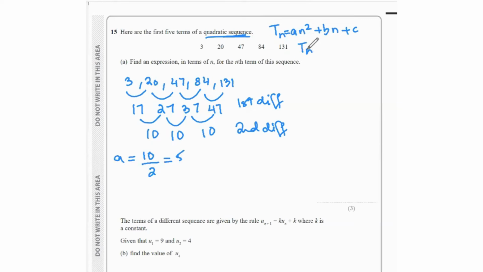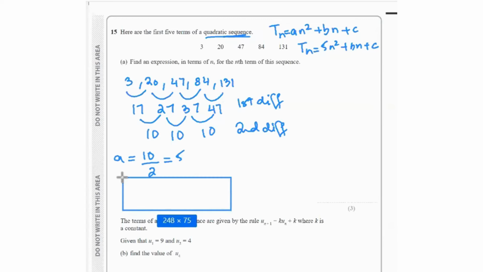So we have 5n squared plus bn plus c. Now we need to figure out the value of b and c. To work out the value of b and c, we'll first make a table. And in that table, we will make 3 rows.